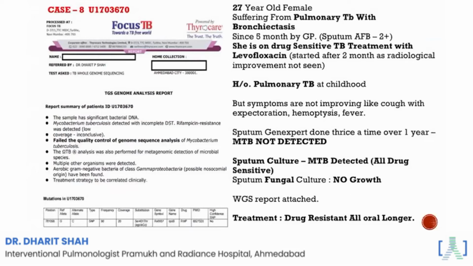So WGS helps you on this side also. For the gram-negative bacteria, I sent the patient for sputum culture and sensitivity, got the report of gram-negative bacilli, and started treatment as per the sensitivity. So it may be possible that the patient has pulmonary TB with secondary bacterial infection in the bronchiectasis.